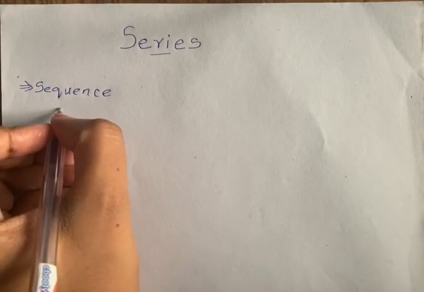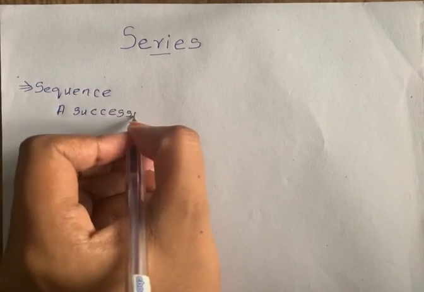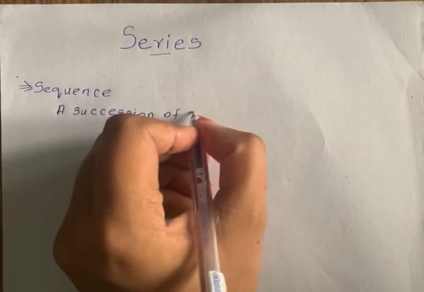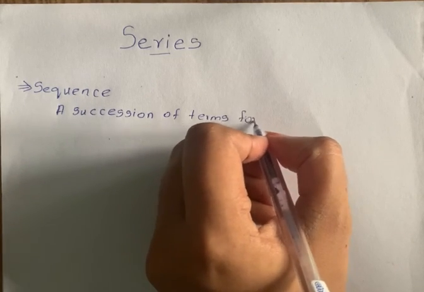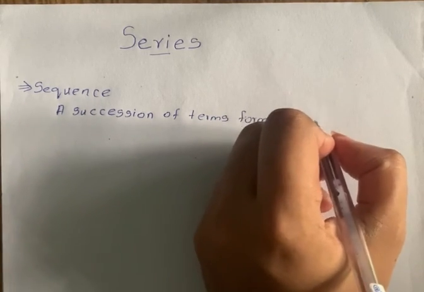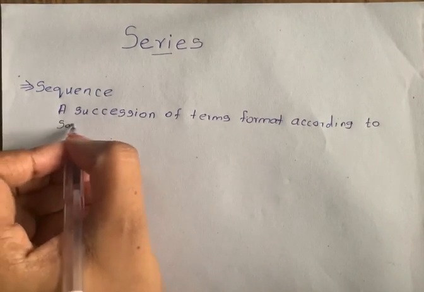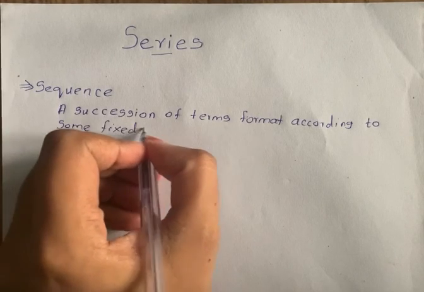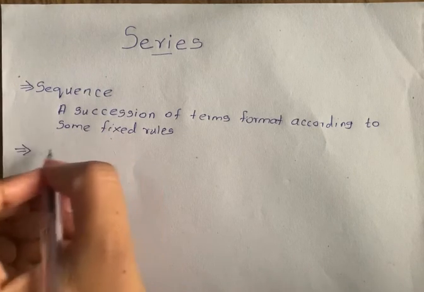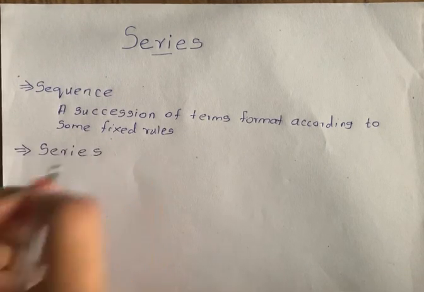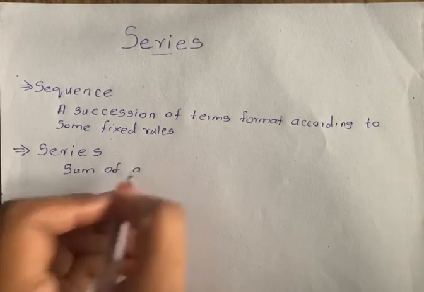It is a succession of terms formed according to some fixed rules. And the next one is series. What is a series? It is the sum of a sequence.